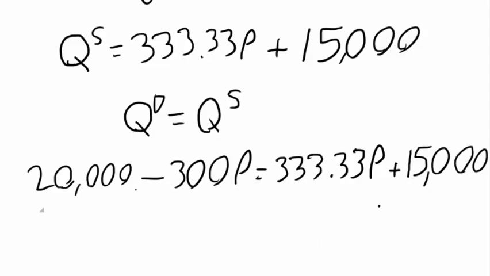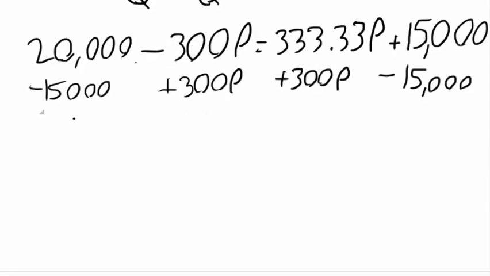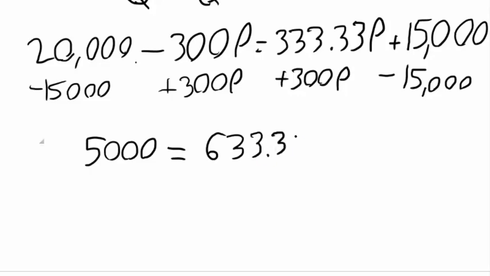We can subtract 15,000 from both sides, as well as add 300p to both sides. And what we're left with is 5,000 equals 633.33 times price.